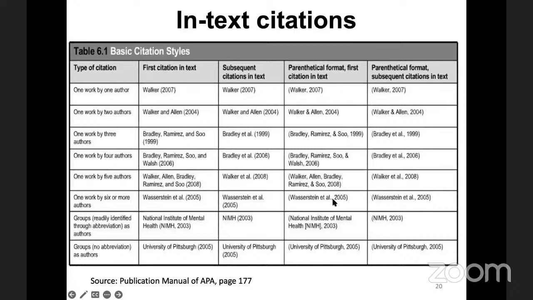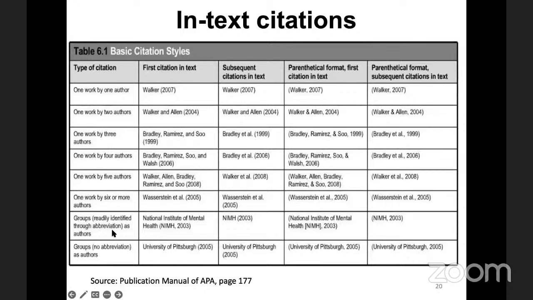Et al, full stop, comma. If it is parenthetical format, then you need to use full stop, then comma, then year, and brackets on both sides. But if it is non-parenthetical, then you need to use the word et al, full stop, but you should not use any comma, then brackets with the year of publication.